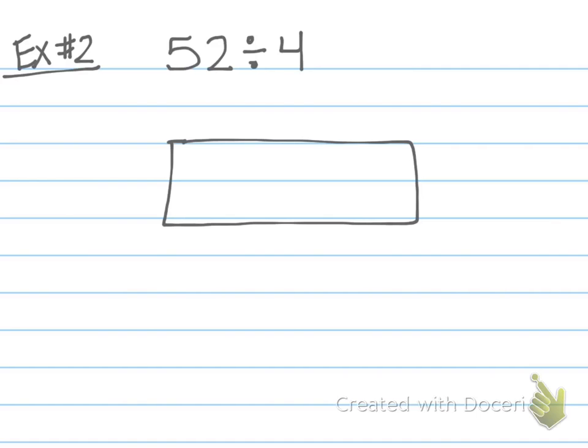So if I multiply 4 by 10, I get 40, and then there's 12 left to get to 52. So 4 goes into 40, and it also goes into 12, so I'm going to break that up into 40 and 12, because together it makes 52, and 40 and 12 are both divisible by 4.